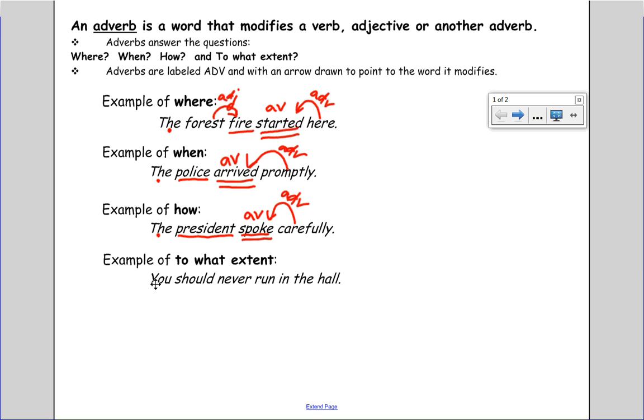You should never run in the hall. So our subject is you, and we have a helping verb, action verb combo here, so should run. And then never is interrupting that, and we'll get to that in a second. And then we have in the hall as a prepositional phrase.